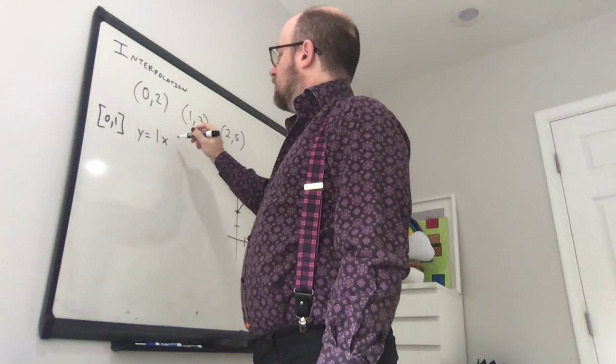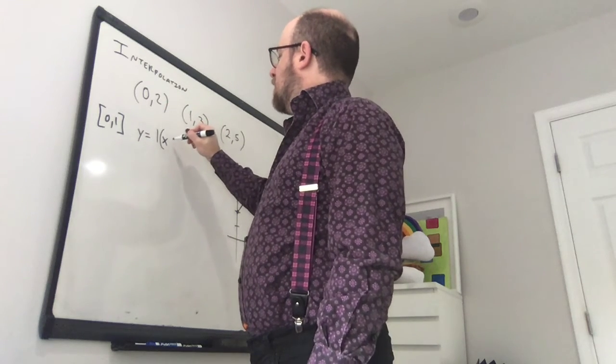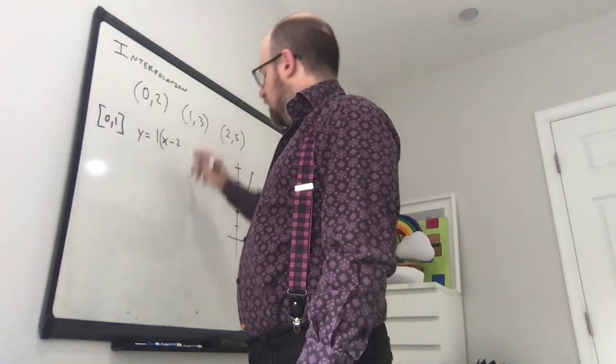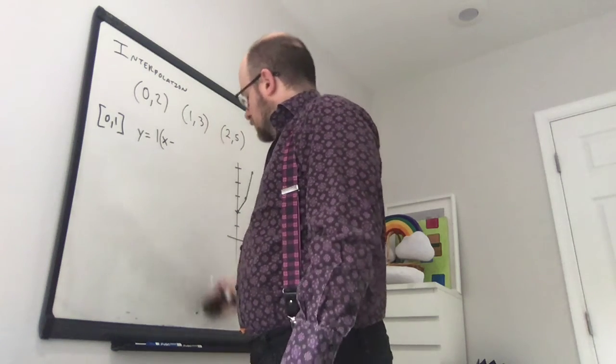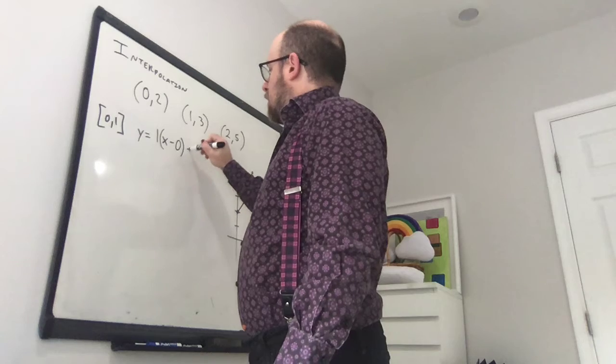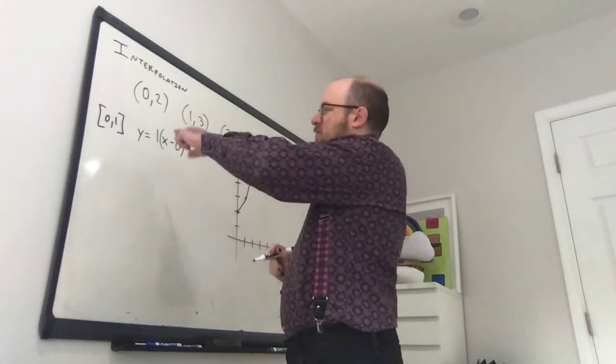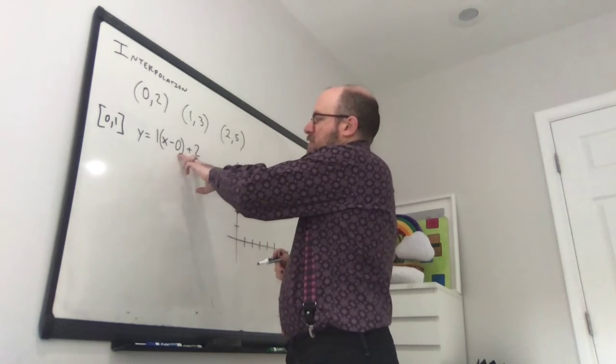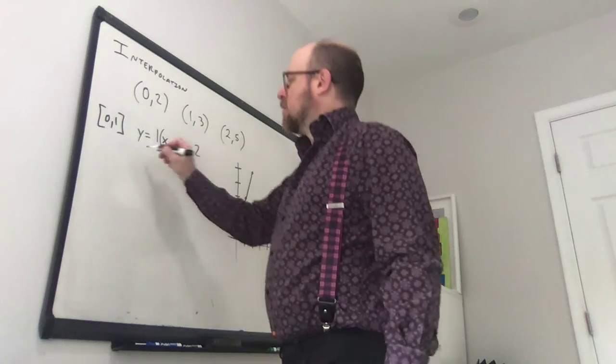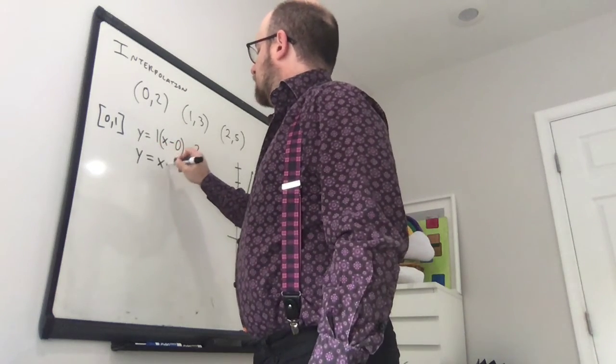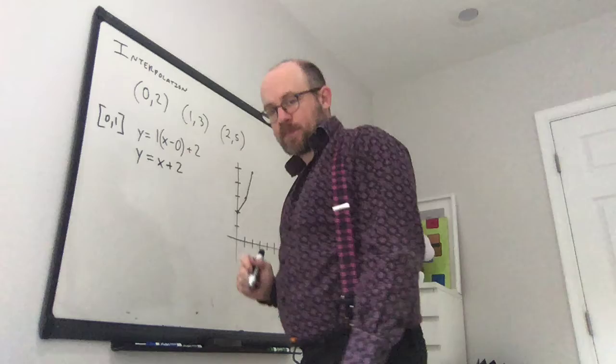The y-intercept is 2, so we could do 1 times (x minus 0) plus 2. So we took the slope and then the point (0, 2) and plugged that in. We get y equals x plus 2.